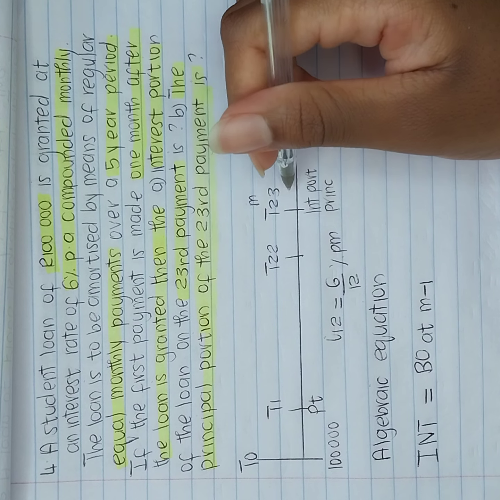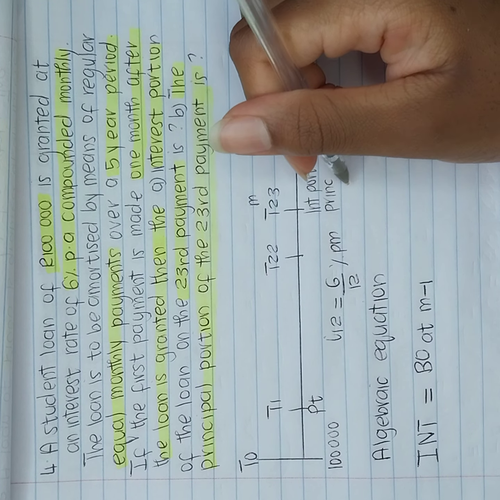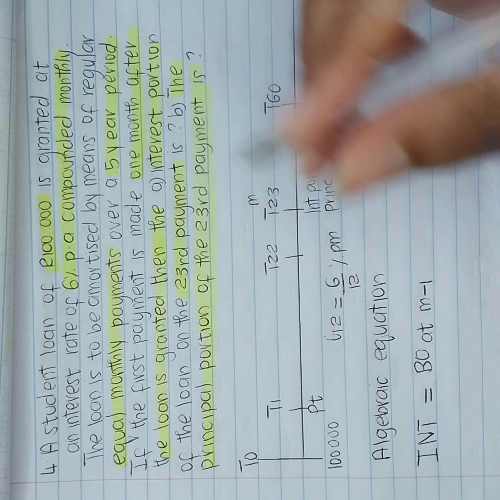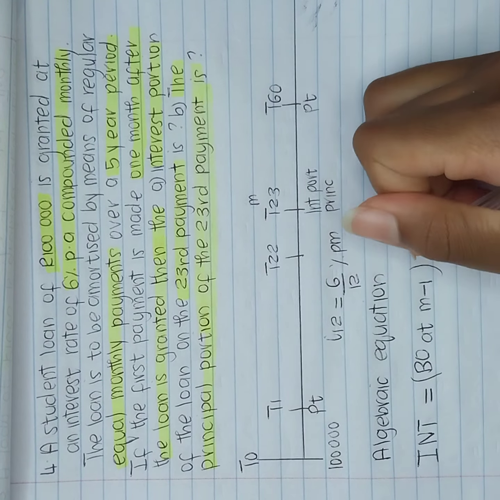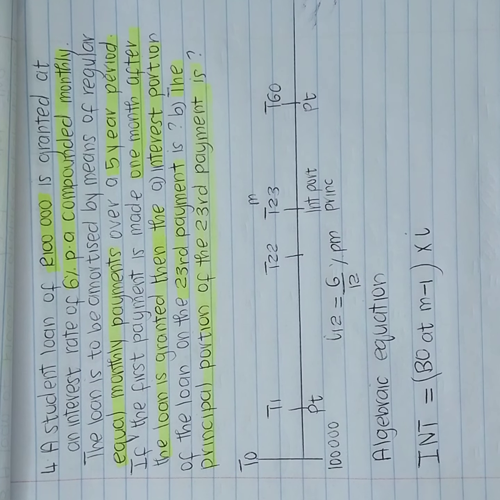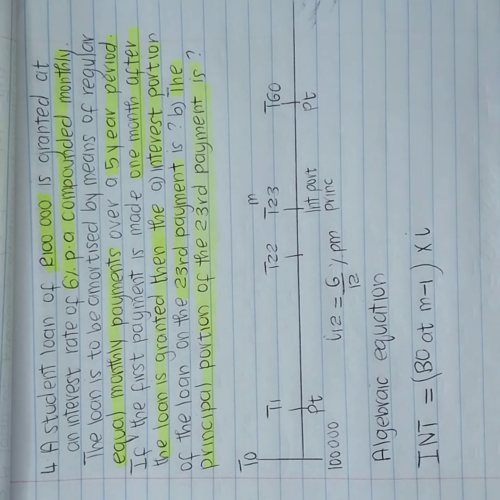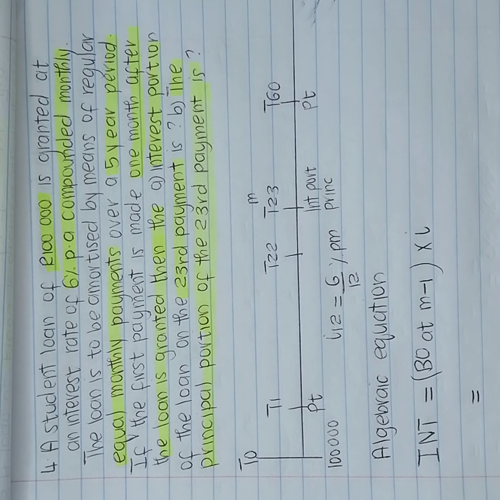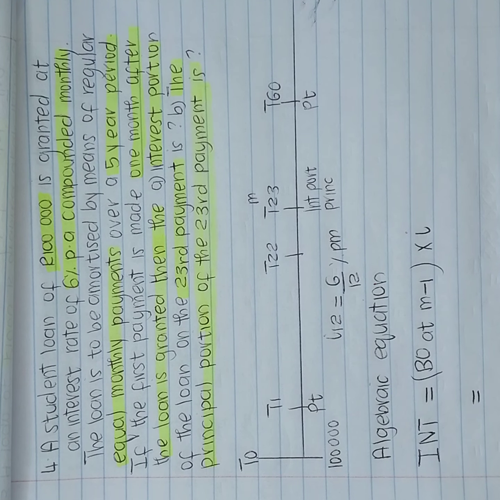So I will solve the balance outstanding at T22, right? And whatever answer I get, I need to multiply by my I. Okay, so let us do just that. We can use 2 formulas for balance outstanding. I'm just going to use one.